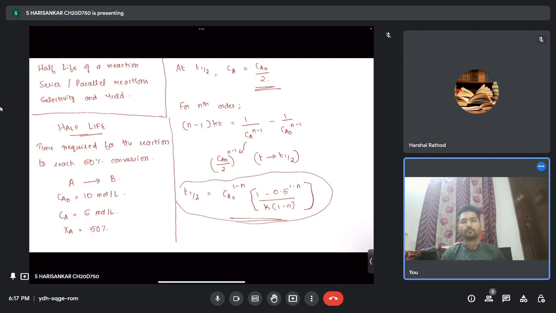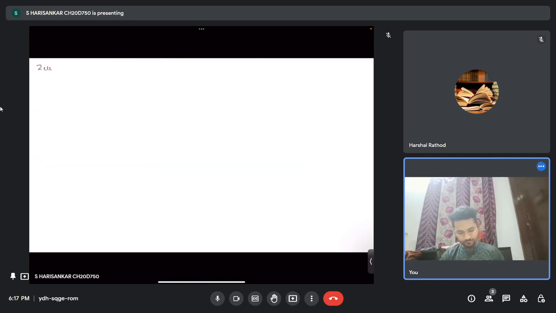Okay, so let's see how for each reaction's order this half-life changes. Let's say we are taking zero order. At zero order, n is equal to 0. So our general equation T half is equal to Ca0 raised to 1 minus n, times 1 minus 0.5 raised to 1 minus n, by k into 1 minus n.